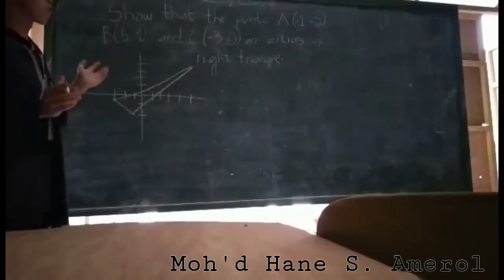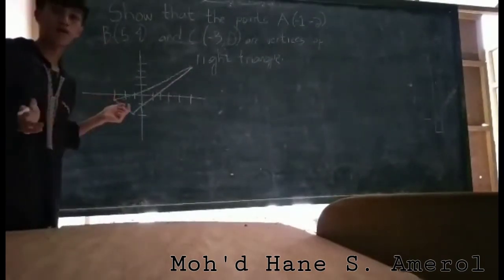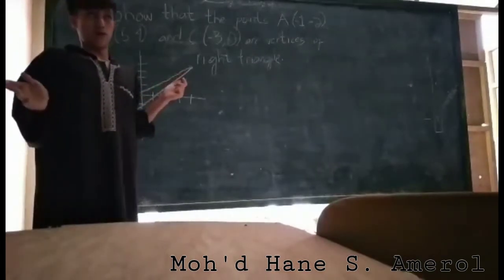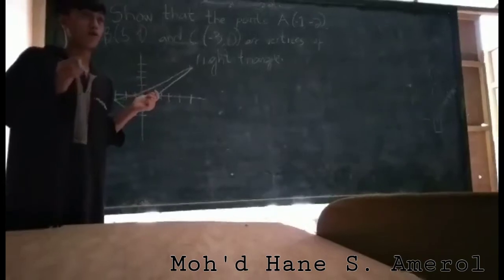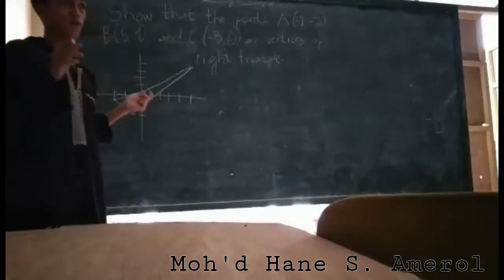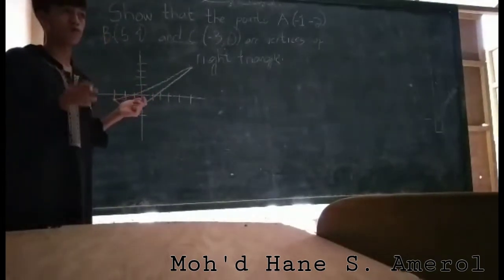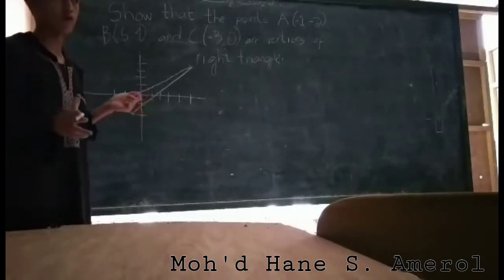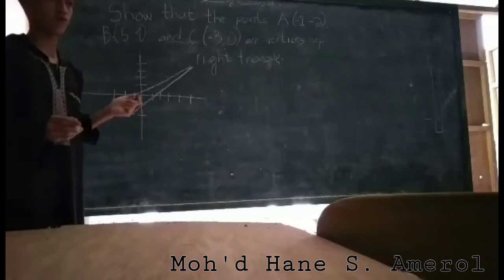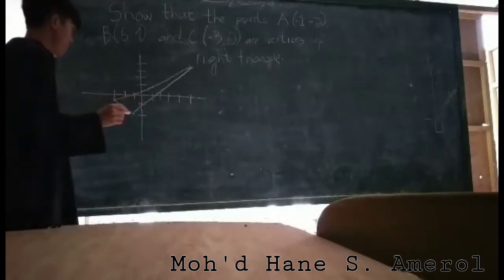The next thing we will do is the distance formula. The distance formula is d equals the square root of (x sub 2 minus x sub 1) squared plus (y sub 2 minus y sub 1) squared.